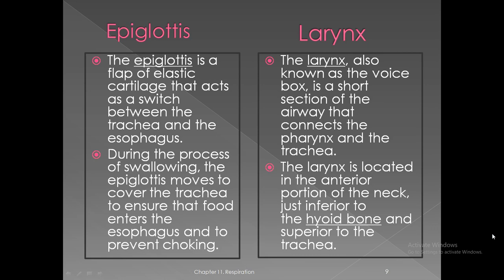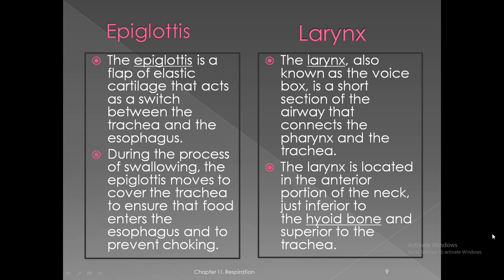Epiglottis and larynx. The epiglottis is a flap of elastic cartilage that acts as a switch between the trachea and the esophagus. Whenever we eat, drink, or breathe, the epiglottis helps our body. It protects our lungs from the liquid and solid parts of the food which we eat or drink.